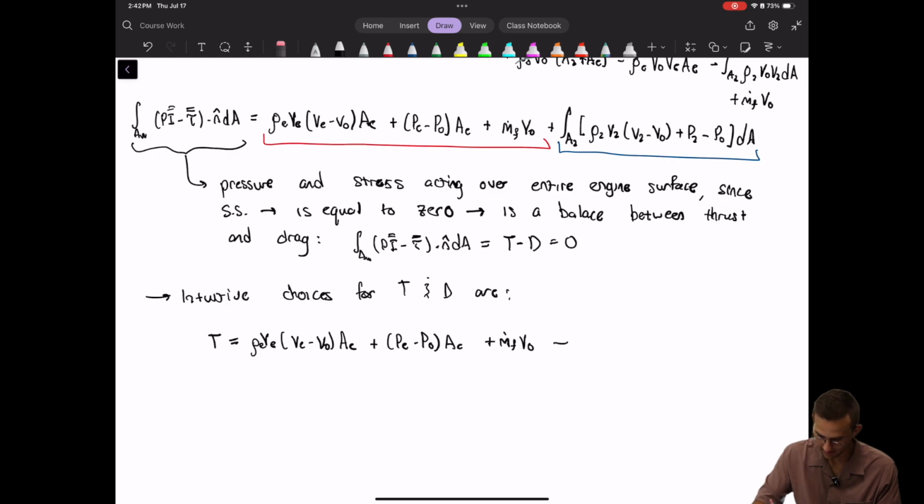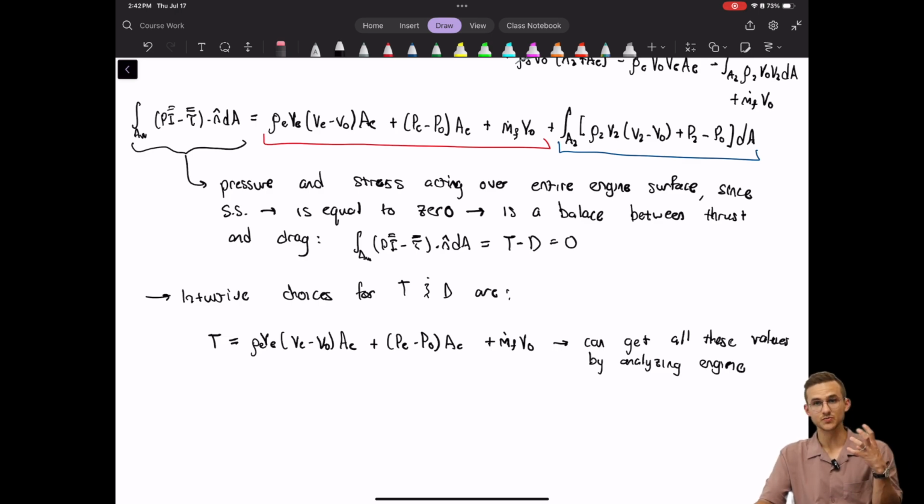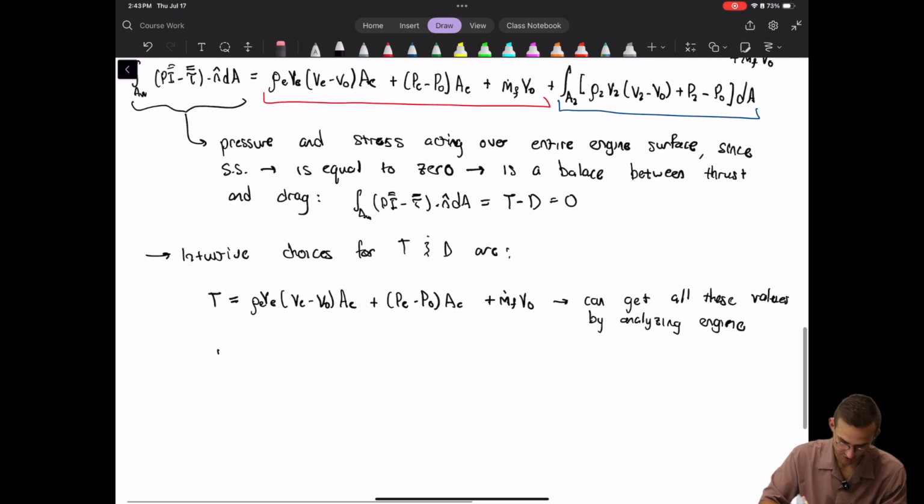And then we can get all these values by analyzing the engine. Also notice that these are all the areas where we're assuming 1D flow, so everything is uniform and easy to deal with. And then the drag term has all of those non-idealities in it, the non-uniform profiles and whatnot.